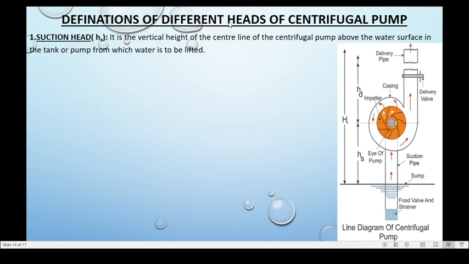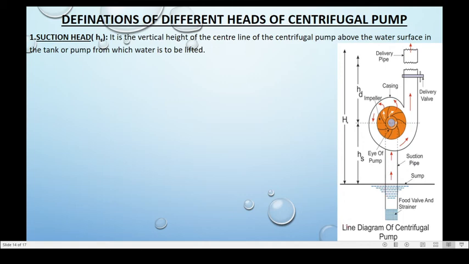Next is the definition of different heads of a centrifugal pump. First is the suction head. The vertical height from the ground level to the center line of the pump is known as the suction head. It is denoted by HS.